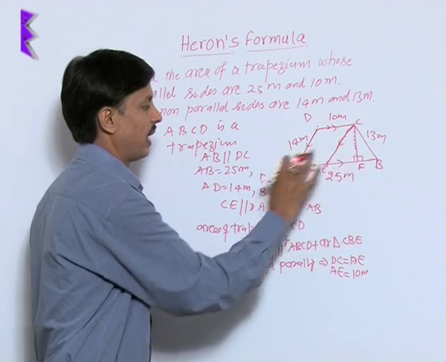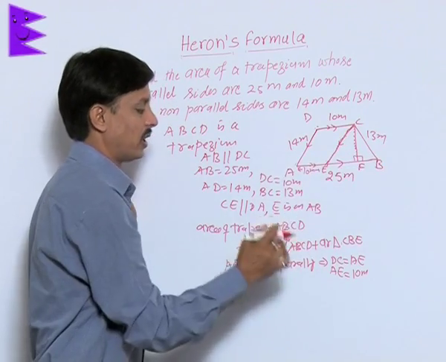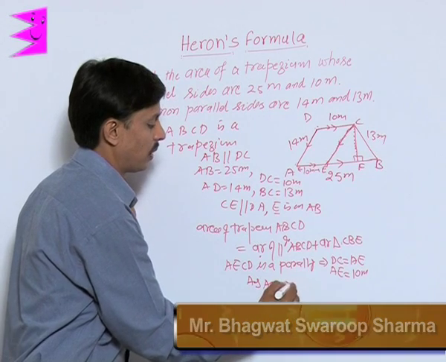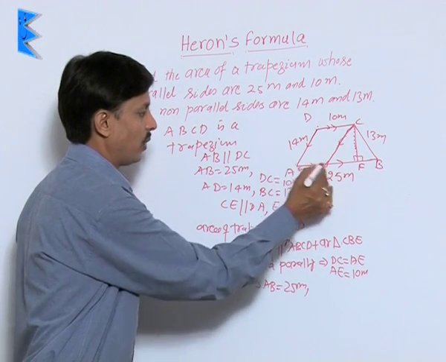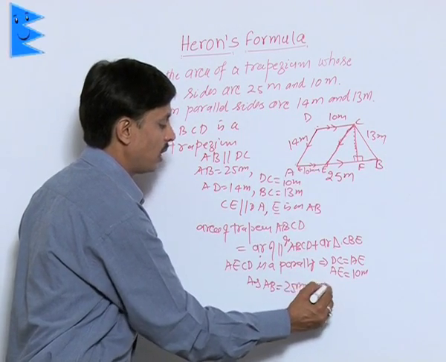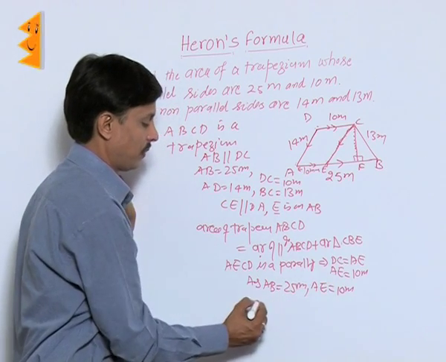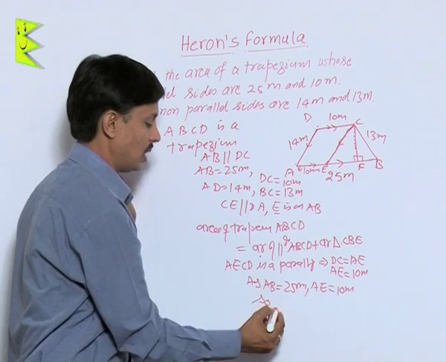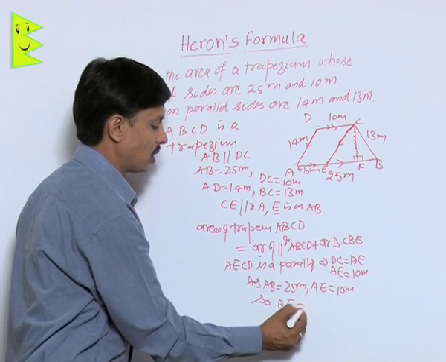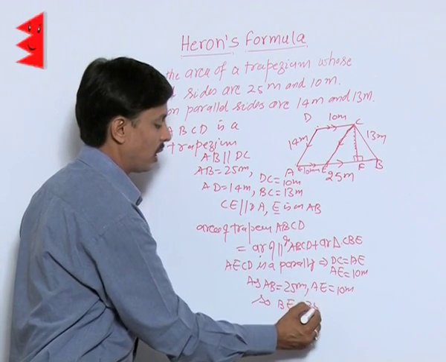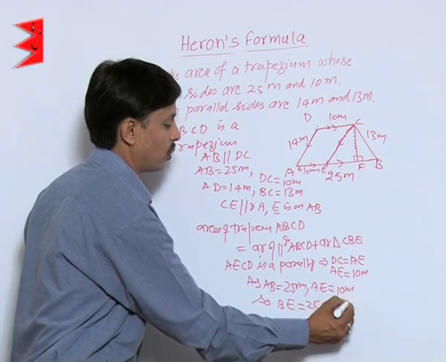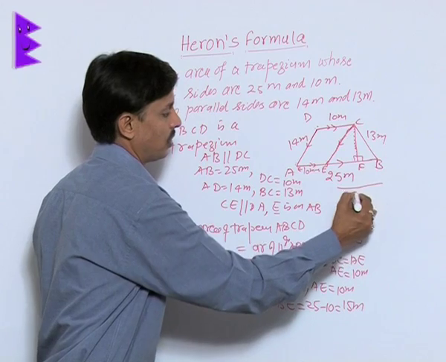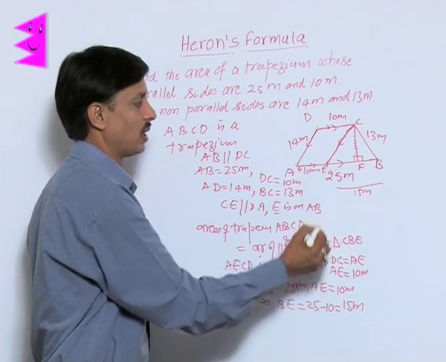AE is 10 and complete AB is 25. As AB is 25 meter and AE is 10 meter, the conclusion is BE is equal to 25 minus 10 is equal to 15 meter. I can say this length is 15 meter.